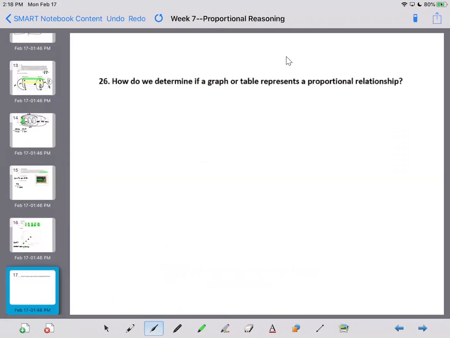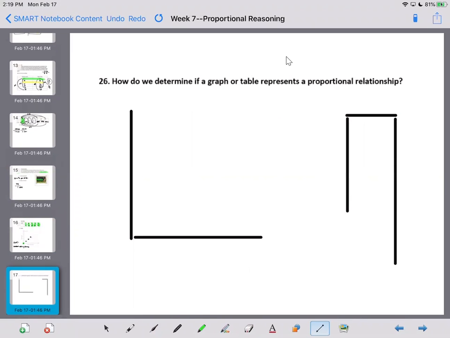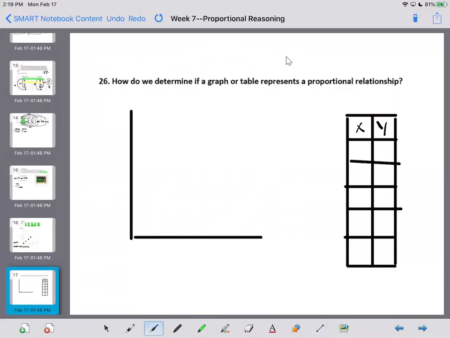So your last question, and one of the last questions, how do we determine if a graph or a table represents a proportional relationship? So when you're looking at the graph and the table, so let's say X and Y, and so let's say I've got 1 to 5.